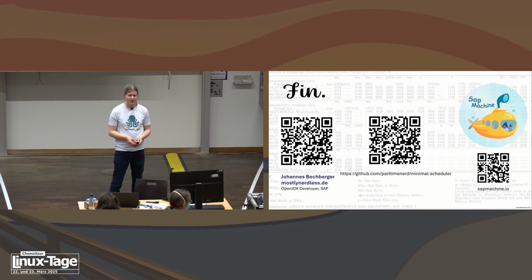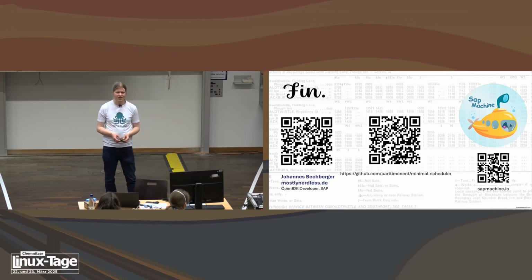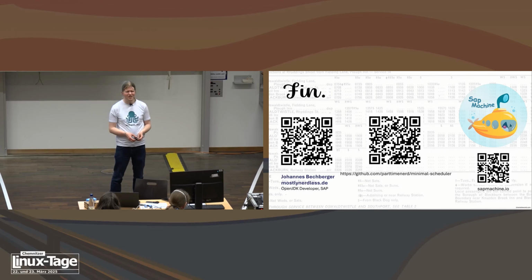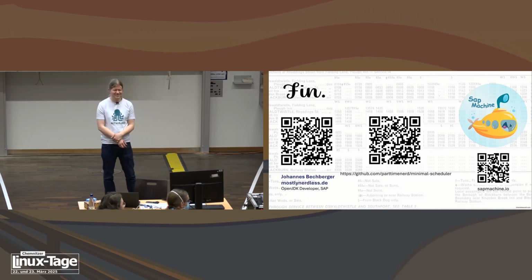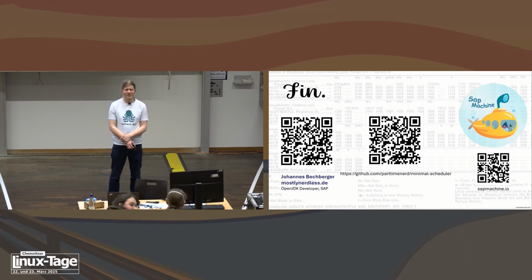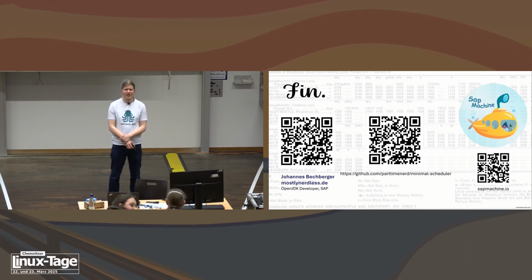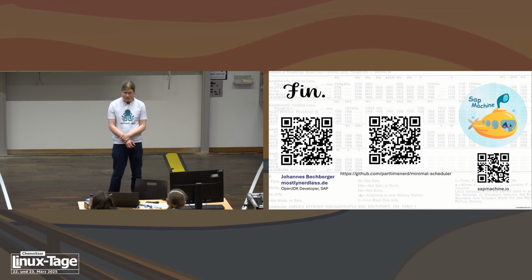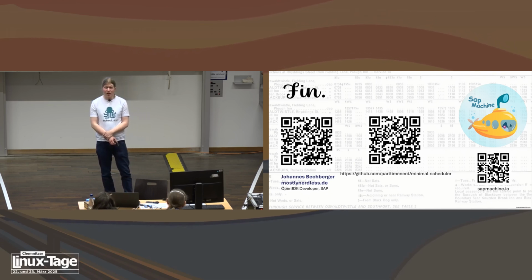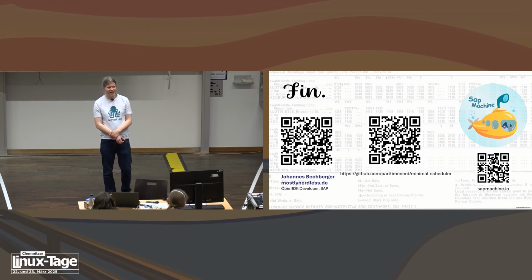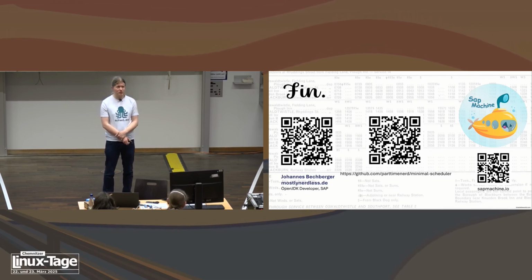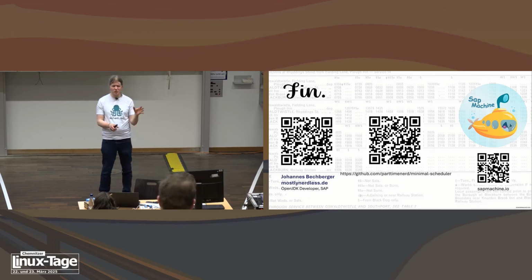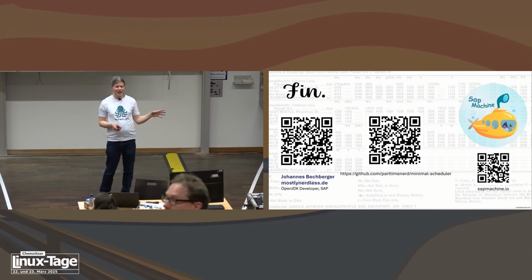For the schedulers that have a user space component, is it highly recommended to special case the user space component in the scheduler to give it more priority, or is that a stupid idea? The problem is, for example, you have kernel tasks that your user land depends on, so it depends.